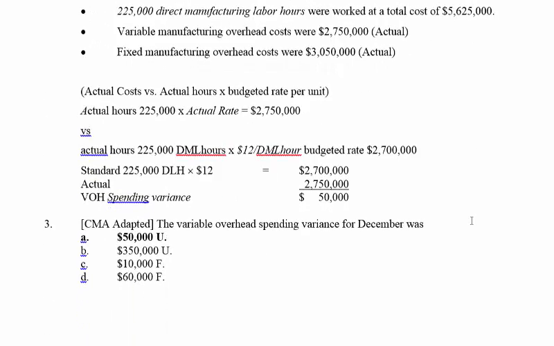Alright, so if we scroll down and we look at question number 3, they want us to calculate the variable overhead spending variance. Alright, so how do we do that? I've written out here 2 different ways for you guys to look at it. Actual cost versus actual hours times budgeted rate per unit.